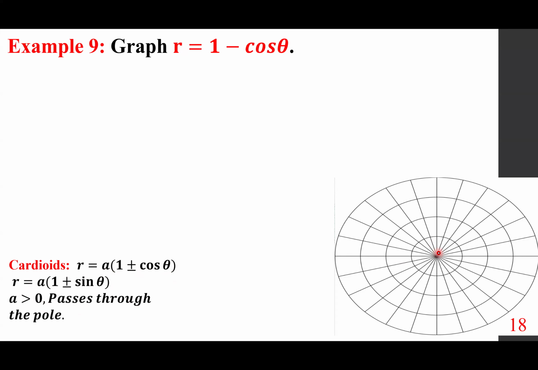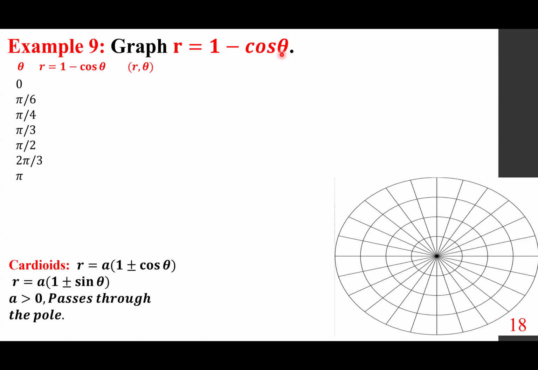And so we're going to put theta, r equals 1 minus cosine theta, r comma theta, and we're going to go with some easy numbers that we can do calculation in our head, common arcs by that I mean. If I put 0 here, cosine of 0 is 1. 1 minus 1 gives me 0. If I put pi over 6, 1 minus square root of 3 over 2. If I put pi over 4, 1 minus square root of 2 over 2.